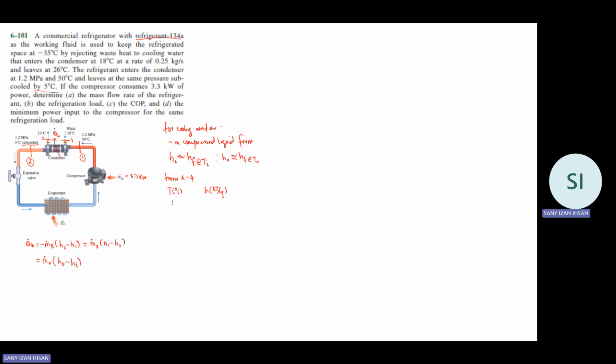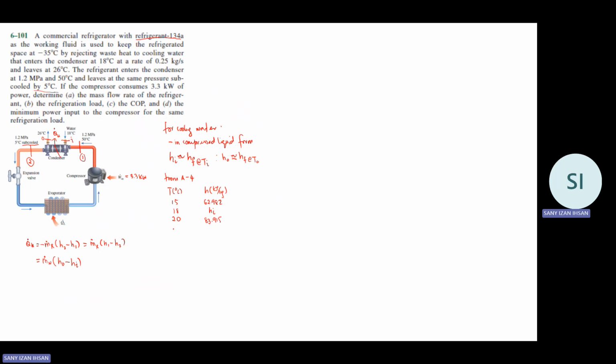We have 15, and then our problem is 18, the inlet, and then you have 20. If you refer to the table, the H at 15 is 62.982. Of course, this one is our inlet. And 20 is 83.915.